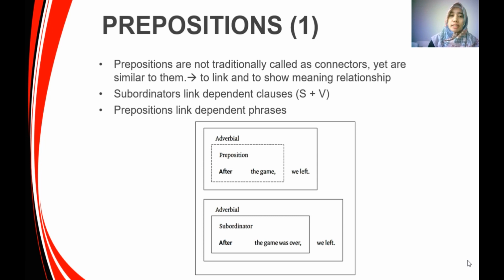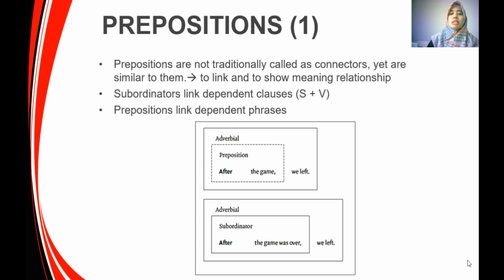Alright, so subordinators link dependent clauses, while prepositions link dependent phrases. If subordinators link clauses, it shows that it consists of subject and verb, but prepositions link dependent phrases. It's only groups of words, it doesn't have subject and verb.